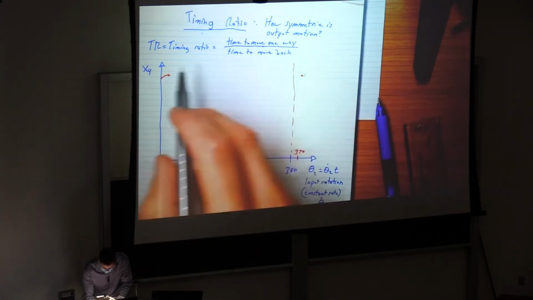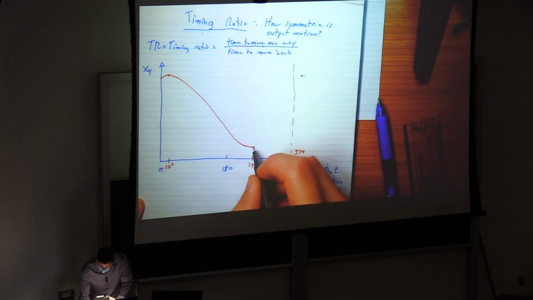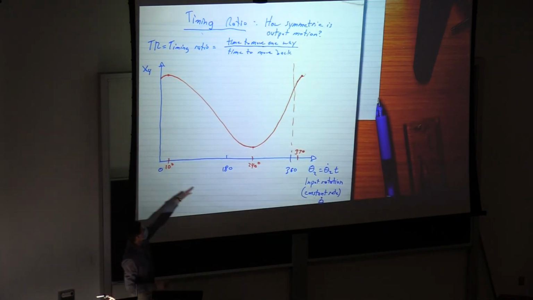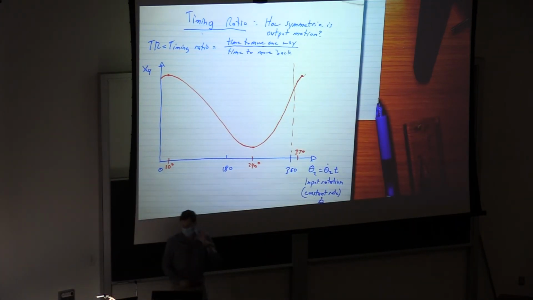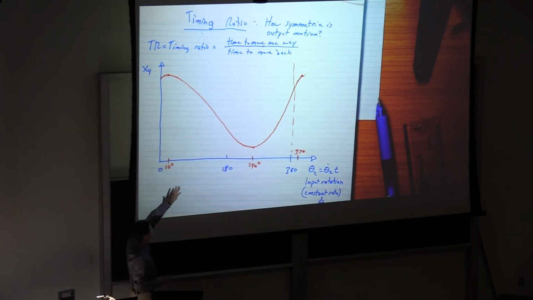And I'll just connect these. For what we're calculating, all that matters is the top and bottom points. So the connection, we're not too worried about for what we're studying right now. Okay, so that was the motion.